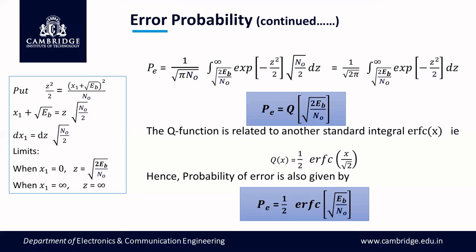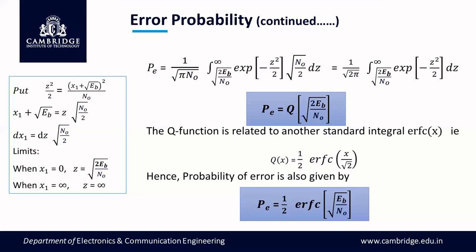In the literature, for this error probability, one more word is used: BER, bit error rate. Instead of calling it probability of error, we also call it bit error rate. BER and error probability remain the same. BER is defined as the number of error bits divided by the number of transmitted bits.